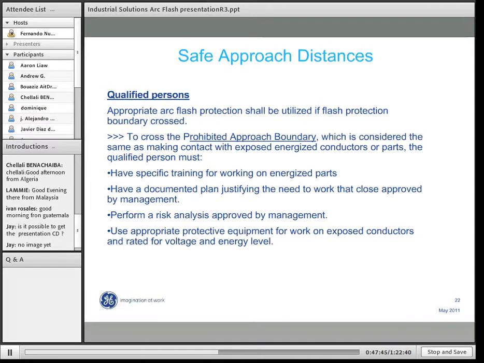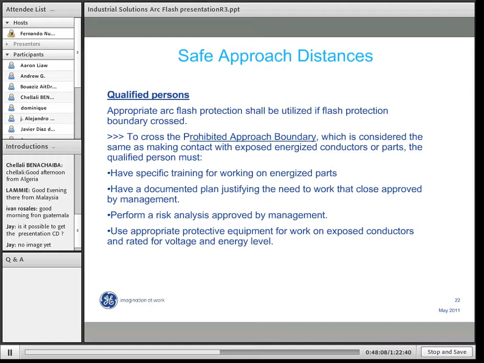So anyway, what we would have on page 21 is a distinction between what unqualified persons can do, which is to stay outside of the limited approach boundary or the flash protection boundary, whichever is greater.